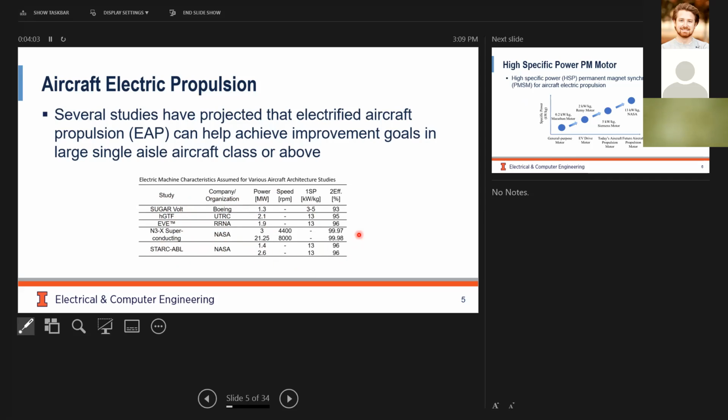If you look at this figure of merit in machines, you can see the power is pretty high, in the megawatt level, and more especially, the specific power is quite high, up to 13 kilowatt per kilogram.